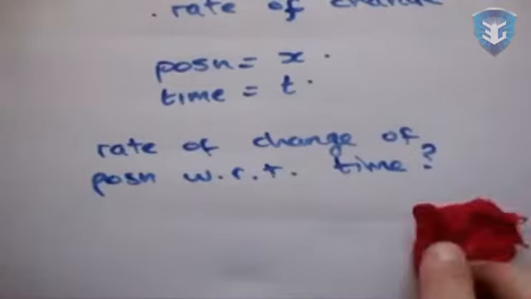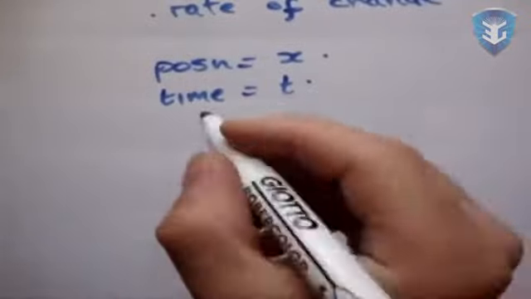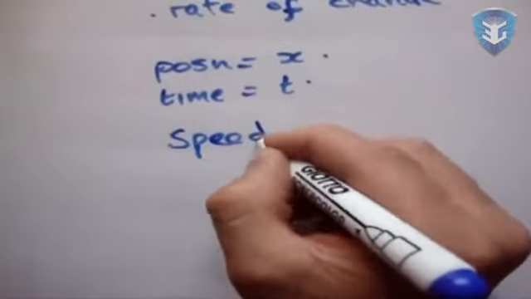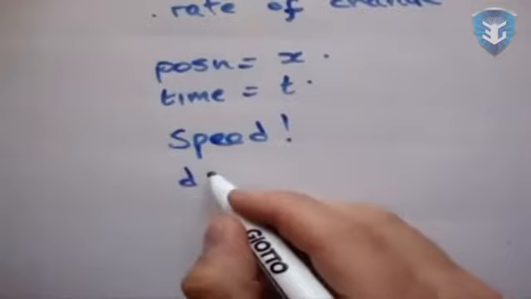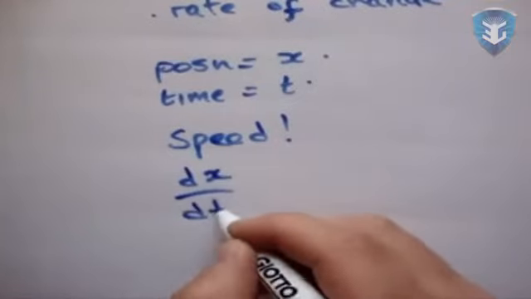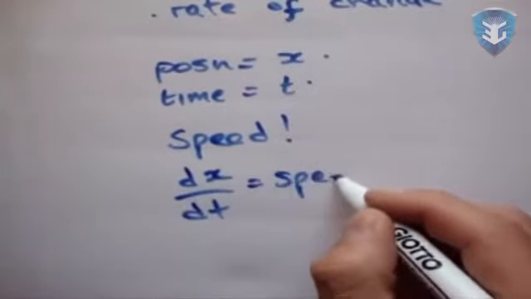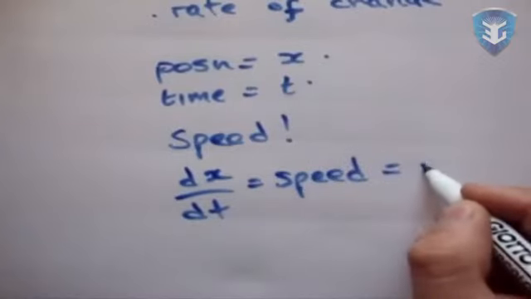I'll tell you the answer. It's speed. So dx dt is equal to speed, v.